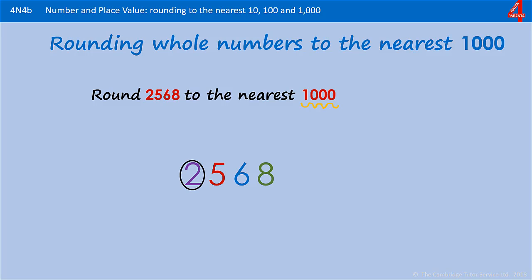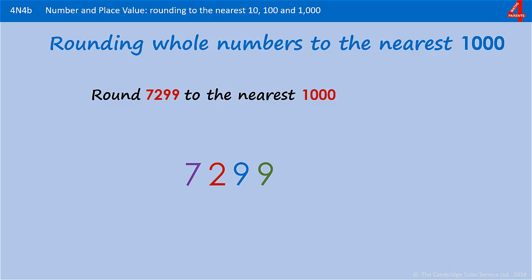We look at the number beside that, which decides whether that 2 stays the same or goes up to 3,000. The number that's deciding is 5. Remember, if it's 5 or more, we round up. So when that 5 hundreds, 6 tens and 8 ones become zeros, that 2,000 will become 3,000.